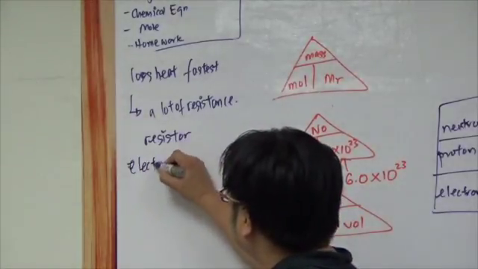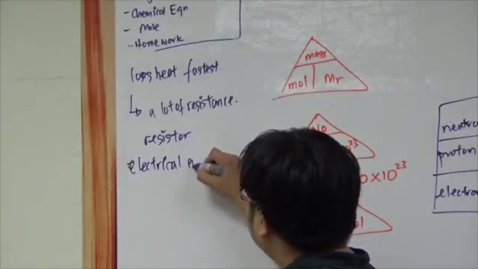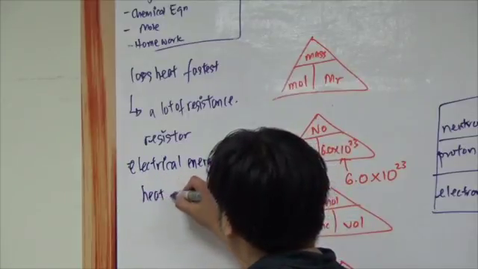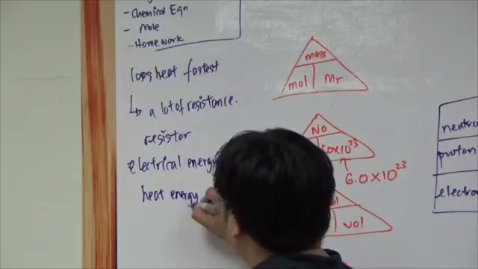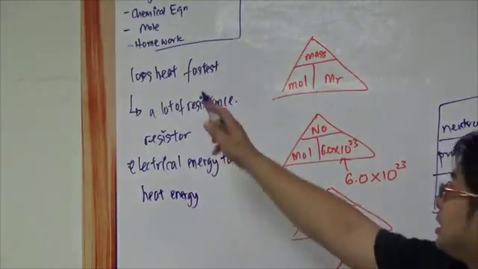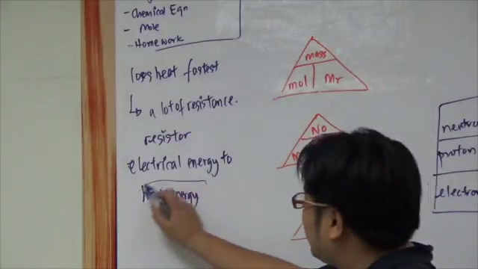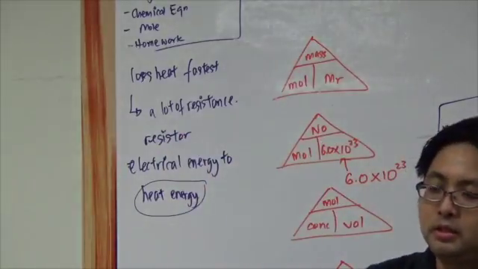Electrical energy to heat, right? So when you lose heat the fastest, that means you have a lot of resistance, because you convert a lot of heat.